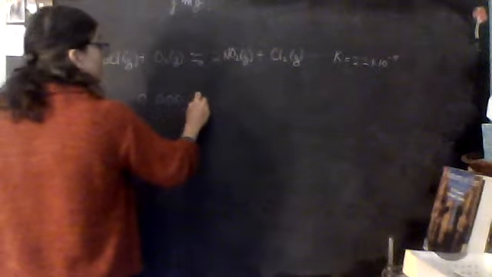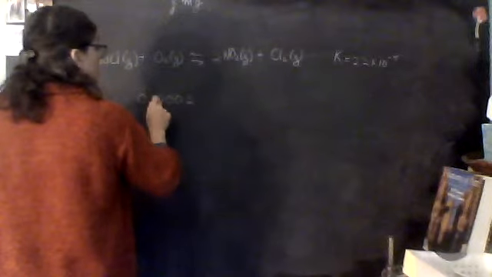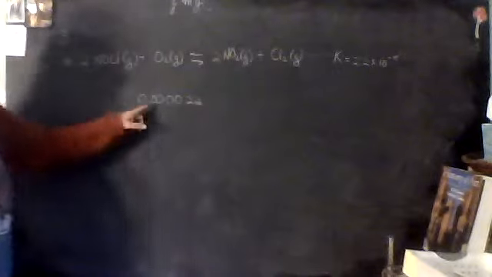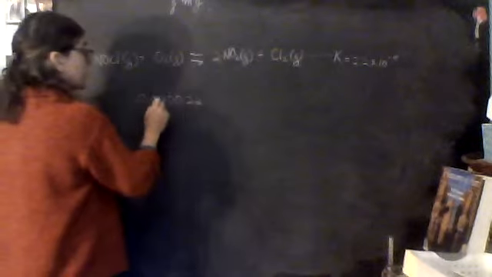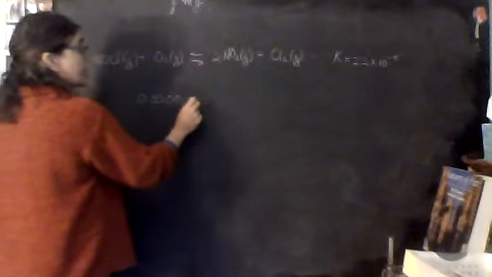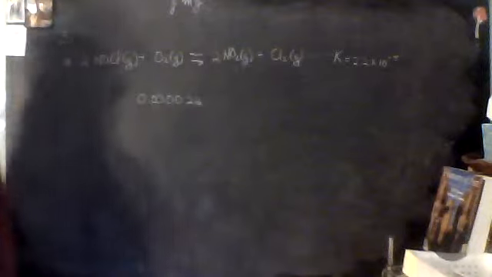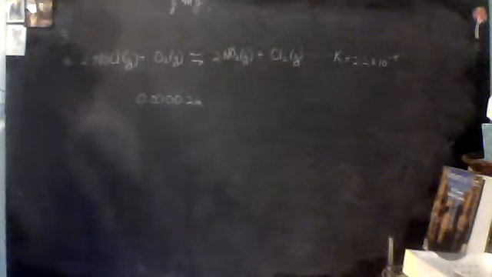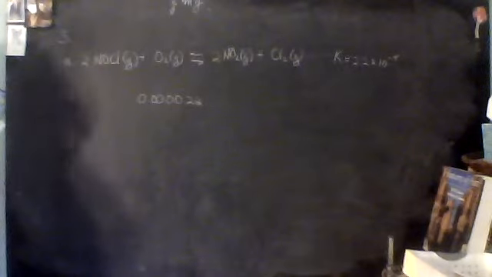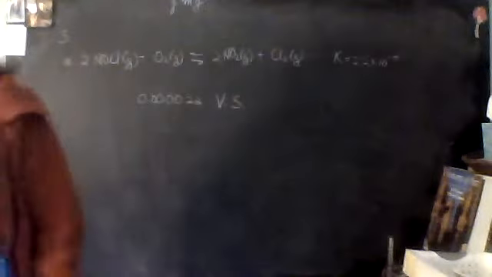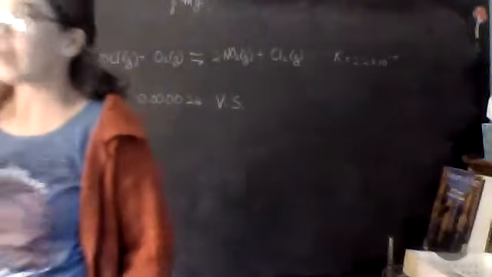It's tenths, hundredths, thousandths, ten thousandths, hundred thousandths. It's 22 millionths. So here K is very small.